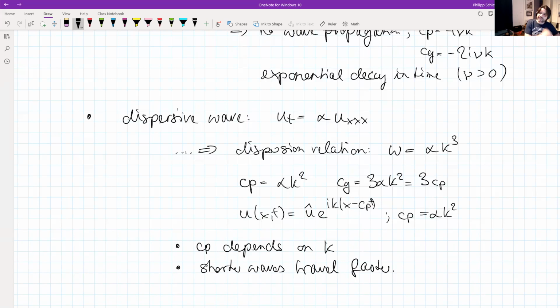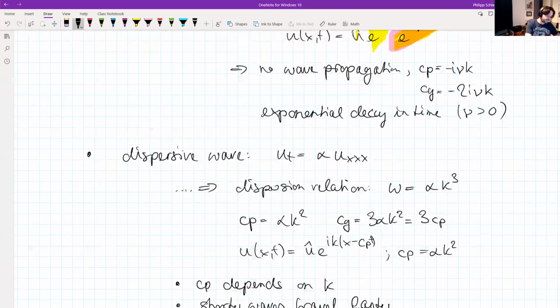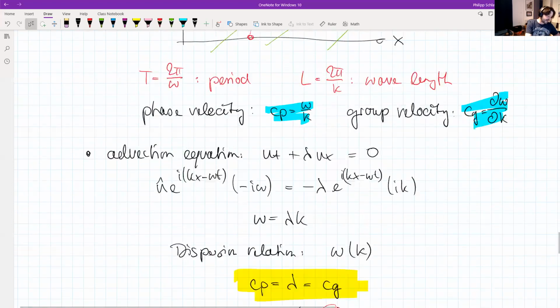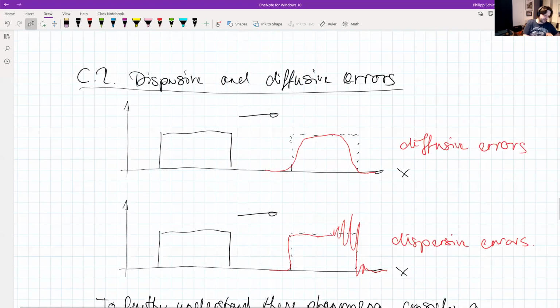And of course, that's exactly what we have seen before when looking at the effect of a dispersive term. The exact solution would be that I just advect all the waves with the same phase relation, with the same speed.